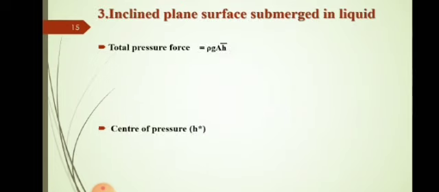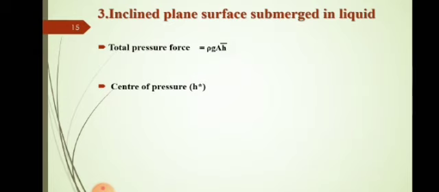And we are going to the next case, inclined plane surface submerged in liquid. So here the total pressure force is equal to the previous two cases. Total pressure force is equal to rho g A h bar, and H star, the center of pressure, will be equal to Ig sine square theta by A h bar plus h bar.